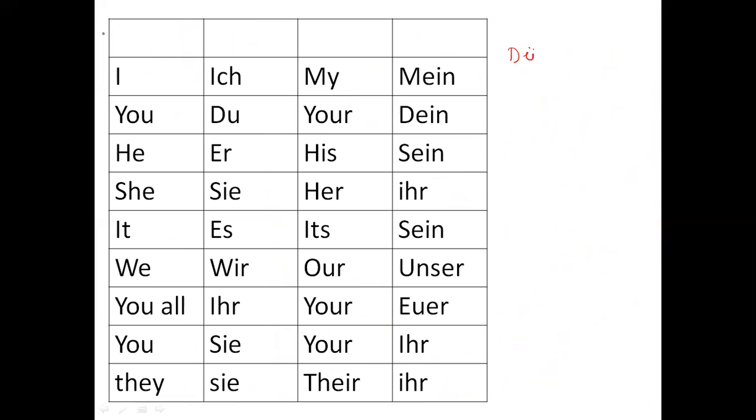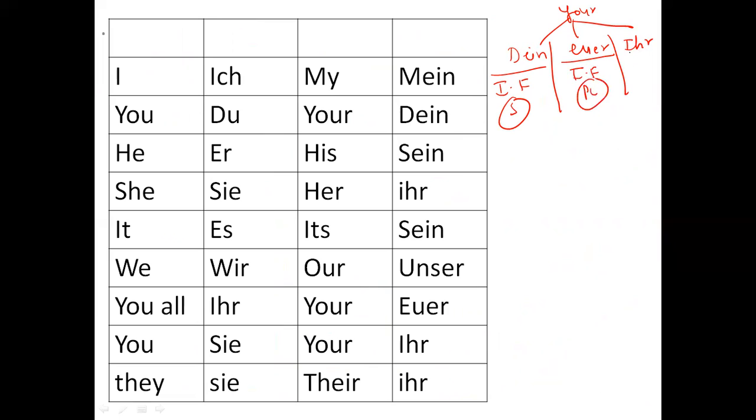Dein, euer, and Ihr. All are the same in meaning. The meaning is your. What is the difference? This is informal, singular. What is euer? Informal, plural. What is Ihr? Formal, singular and plural. And so mein is clear, dein is clear. Now all the words are clear to you.